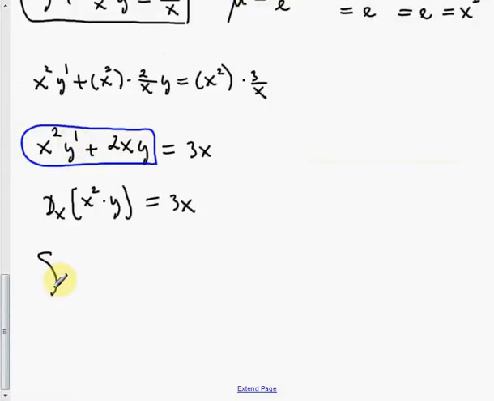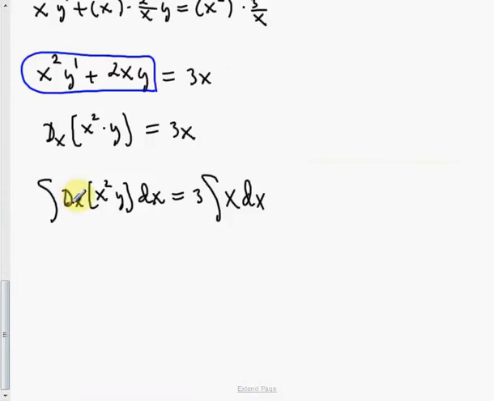So I integrate both sides. So the integral of the derivative, according to the fundamental theorem of calculus part 2, is just this function, which is here just x squared times y, and that's equal to 3x squared all over 2 plus some constant.